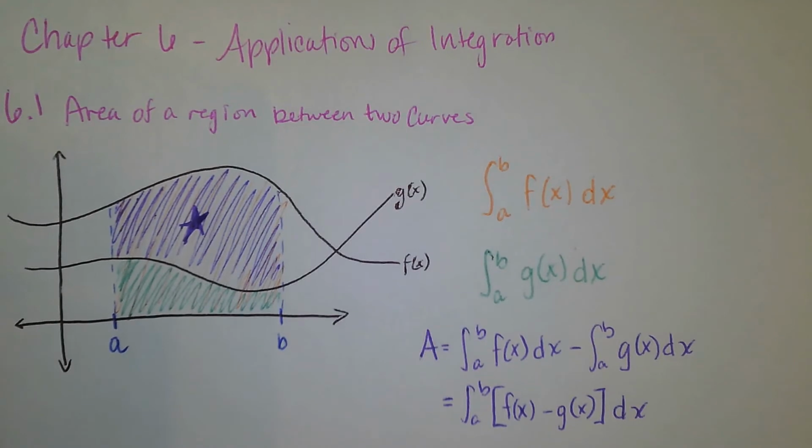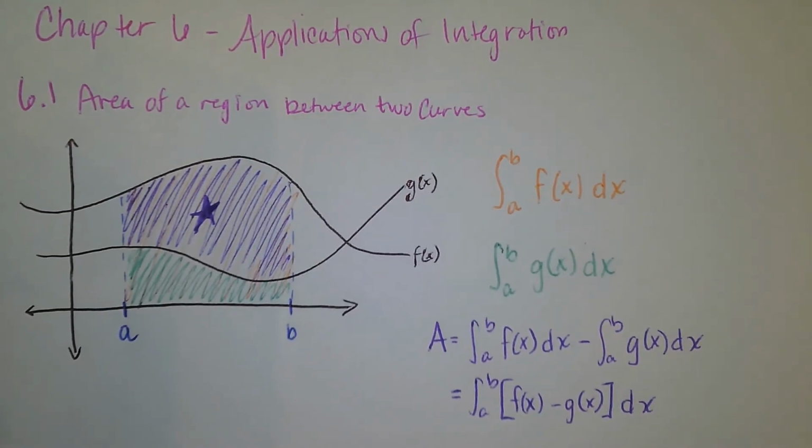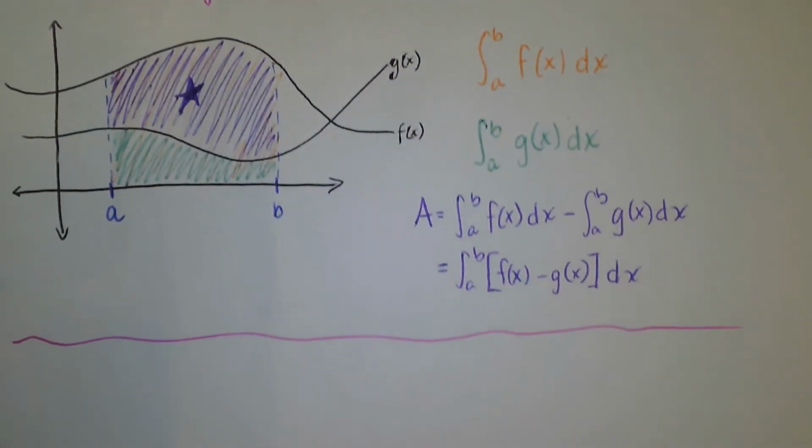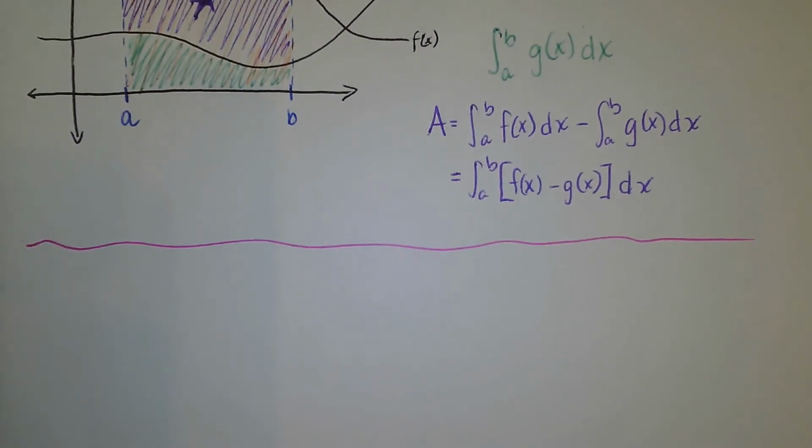So the first example, pretty standard: let's find the area between the graphs of x squared plus 2 and, well, we're going to graph it. Let me show you.